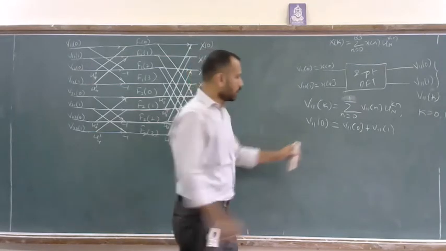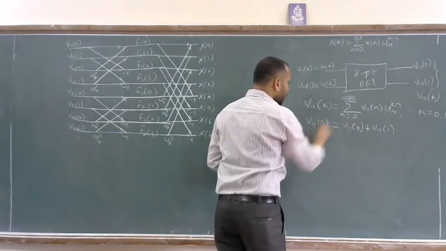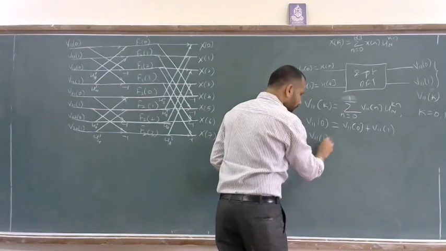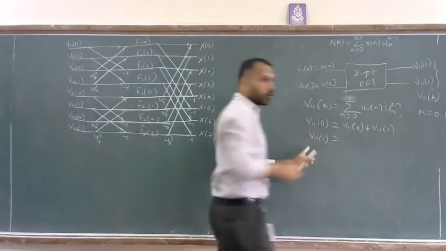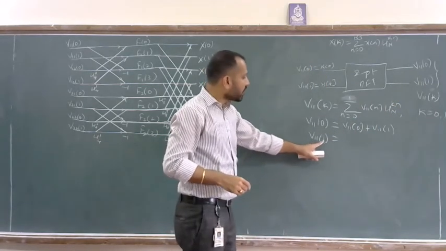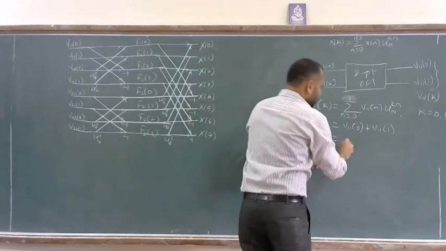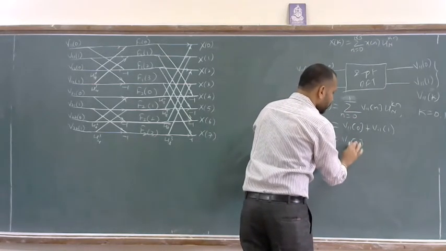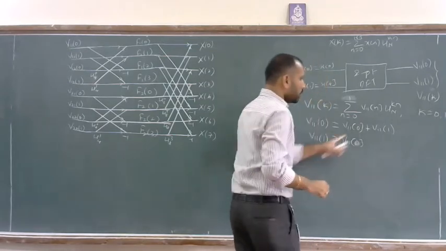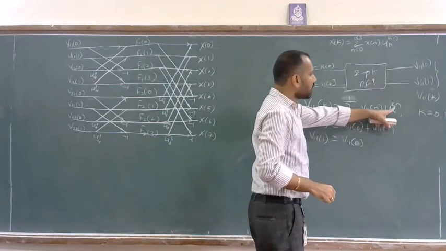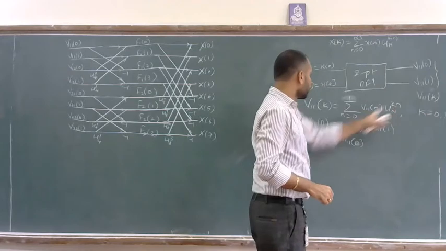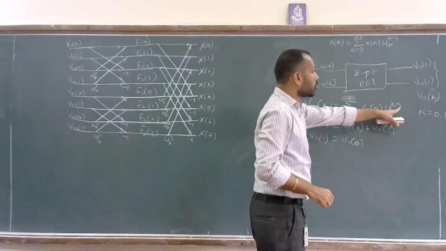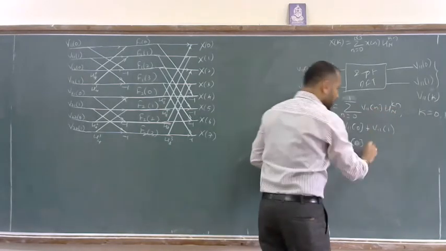Yes, sir. Okay. Now for k equals 1 in this DFT, we get the second point in the 2-point DFT, which will be V11 of 1. What will it be? V11 of 0 times W2 to the power, now k is 1 but n is 0 here, so this will become 0 itself, the first twiddle factor.